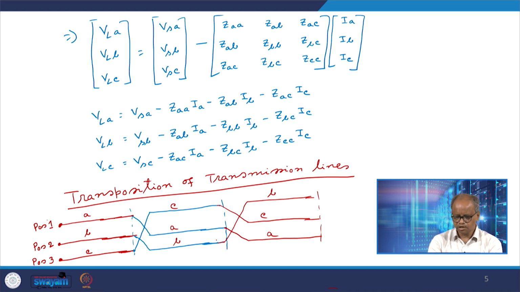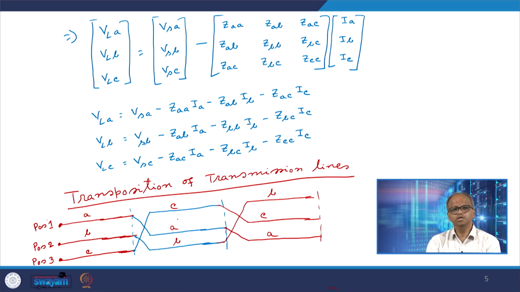So, therefore, in the entire length, all the phases will have equal distance involving every position. Because of this, the difference between the mutual impedances would be much less.